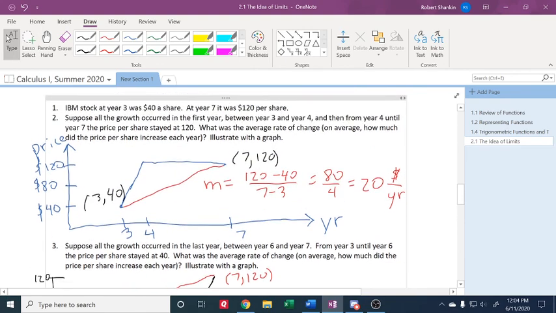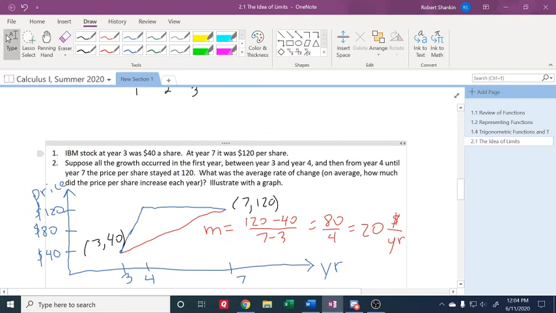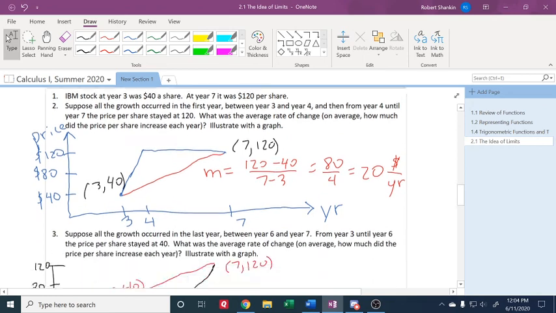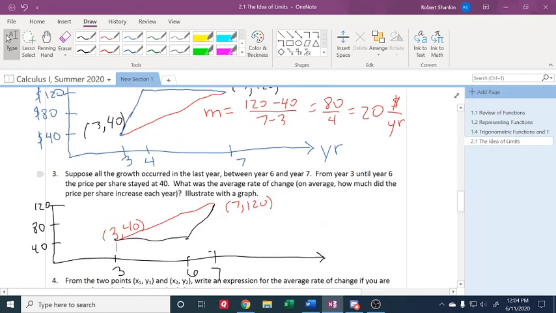But in either case, we started here, we ended here. Year 3 it was 40, year 7 is 120. And so the average rate of change from the beginning to the end will only take these 2 points into consideration.